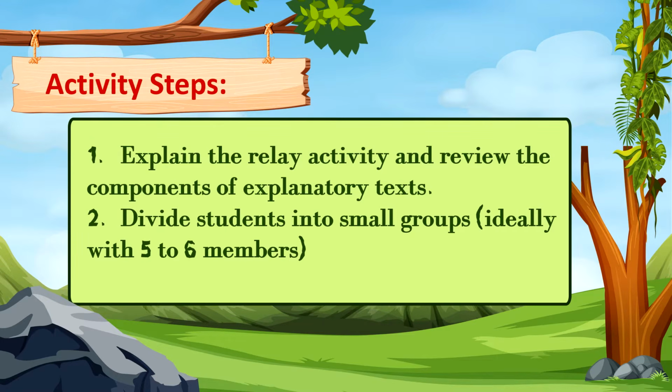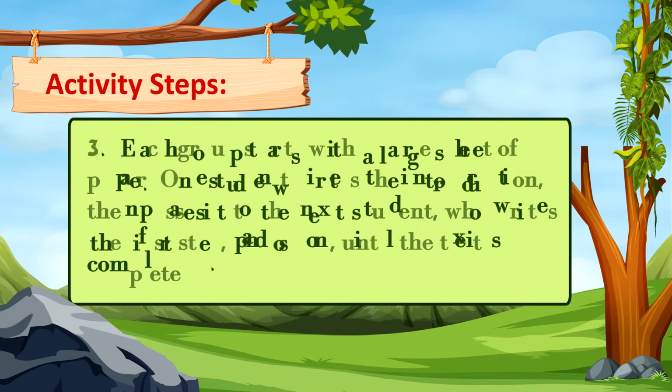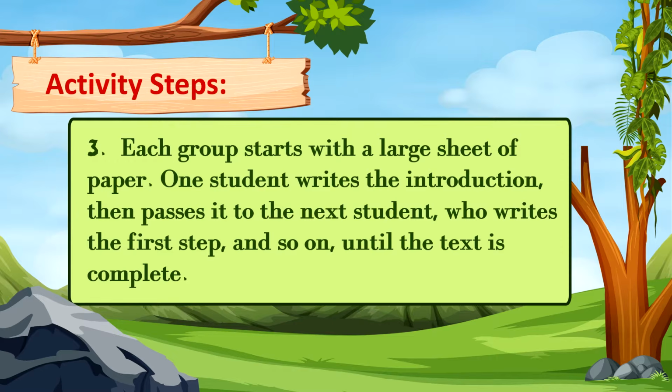The steps: explain the relay activity and review the components of explanatory texts. Divide students into small groups, ideally maybe 5 or 6 members. Each group starts with a large sheet of paper.